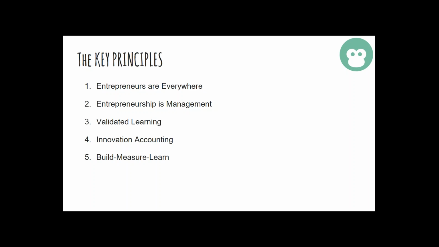Validated learning is the whole principle of talking to your customers and building what they want, not what you want. And then innovation accounting is effectively saying, and if there's any accountants on, it's not my words, this is the words of Eric, but effectively you still fundamentally need to know the boring stuff. So it's critical that you're a metrics-driven business and that you understand what your projections are, but also what your realistic numbers are.